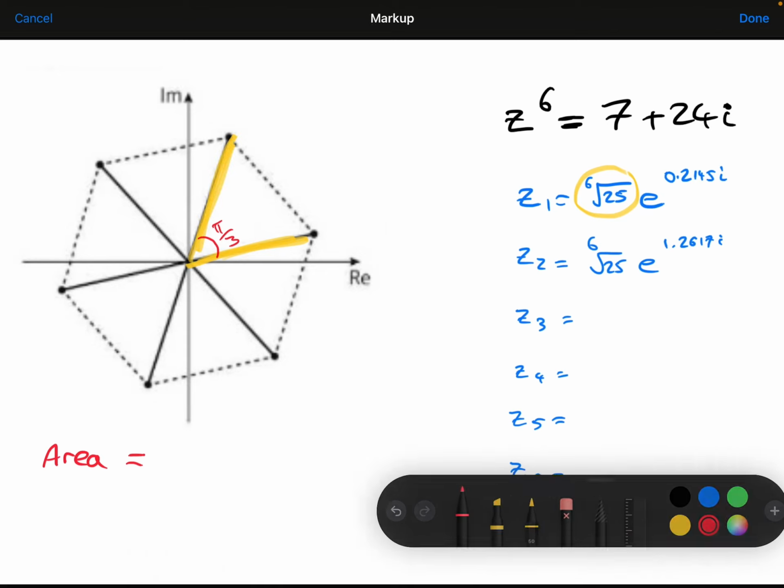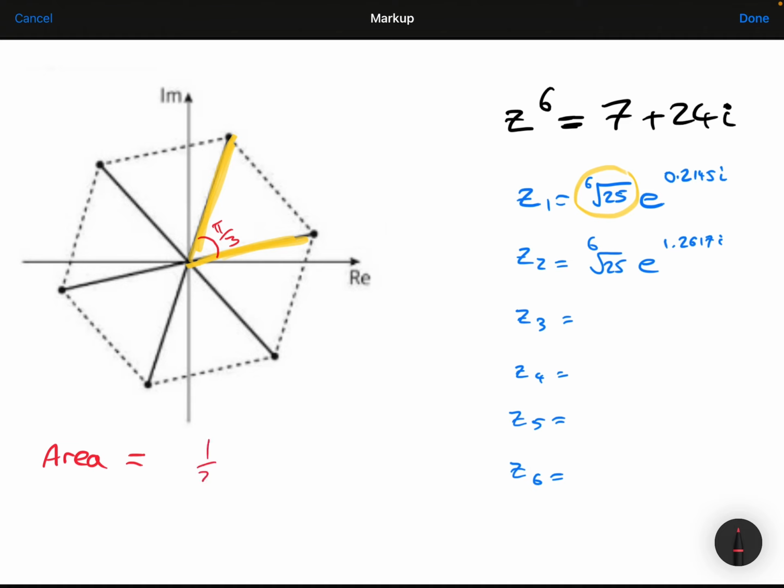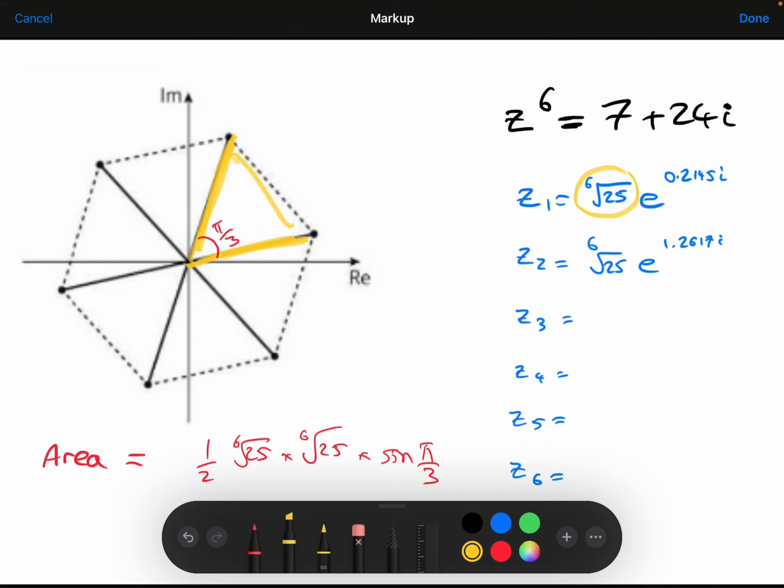So I could work out the area of one of those triangles using the formula half times a times b times sine of the angle in between. That would give me the area of one triangle, and then I could multiply by 6 because there are 6 of them. So there are other ways of working out the area of these shapes, remembering your sine rule and trigonometry rules. The key thing really is remembering the angle in between each of the roots, and the modulus is the distance from the origin.